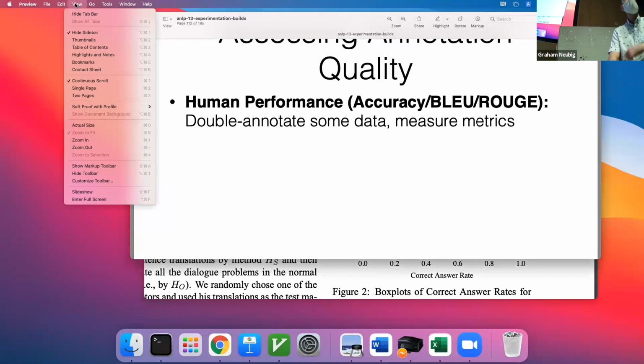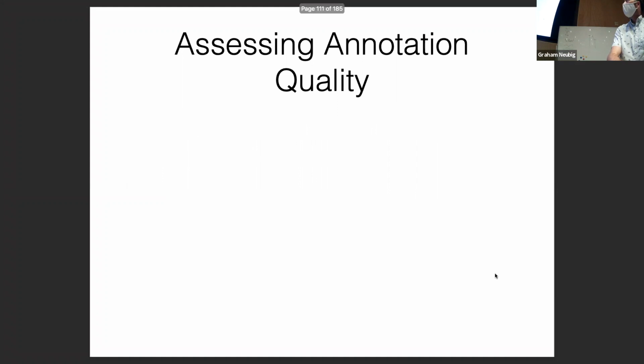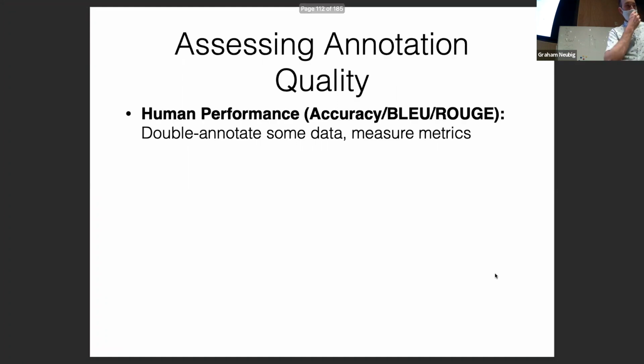I saw another hand. Oh, that's a really good question, and I don't know if I actually have this on the slides. Maybe I'll get to that in the data analysis section. I'm running a little bit low on time, so I'll try to go through that. Was there a question there?